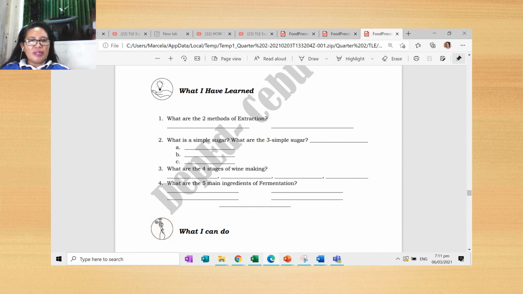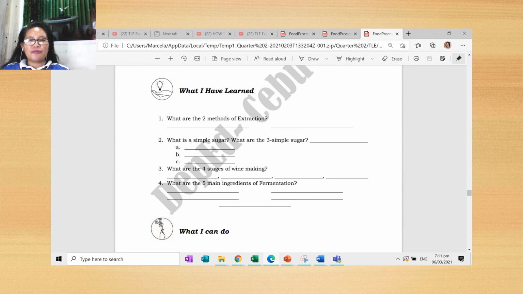Number 3, what are the 4 stages of winemaking? Very easy, I already explained that. Number 4, what are the 5 main ingredients of fermentation?